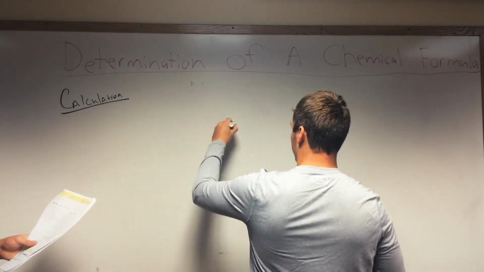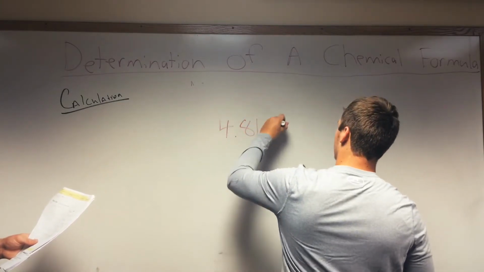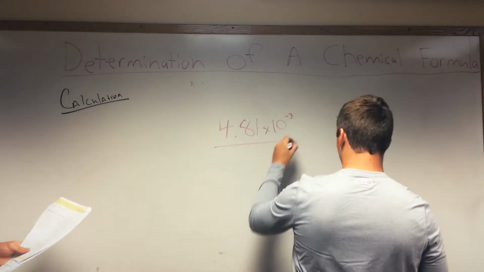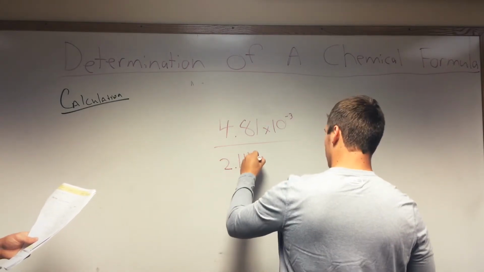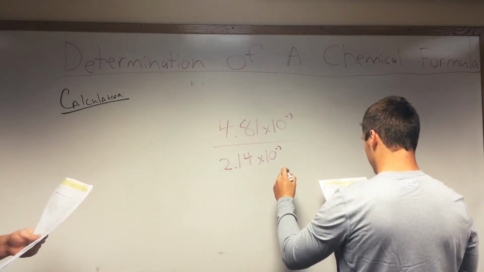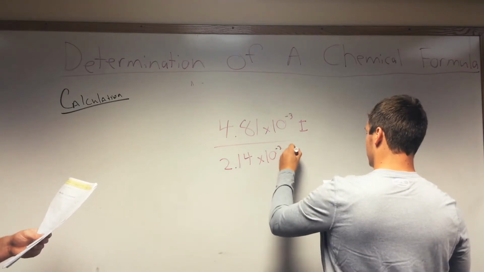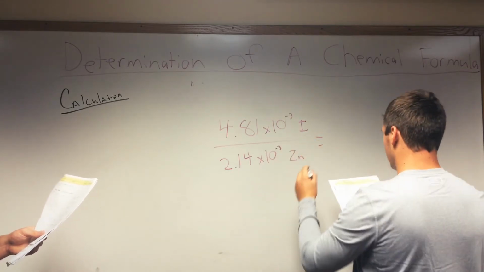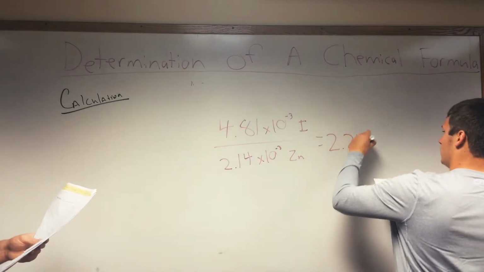So we did 4.81 times 10 to the -3 all over 2.14 times 10 to the -3. And that's iodine, and this is zinc. So that gave us a number of 2.248 moles.